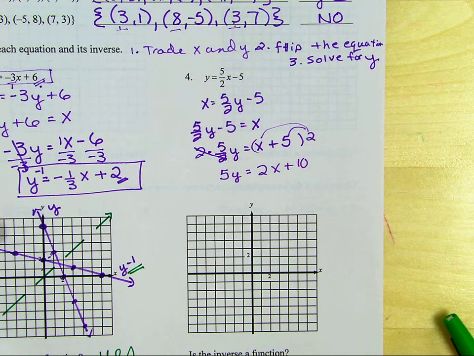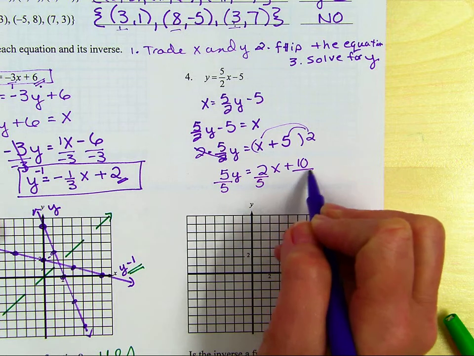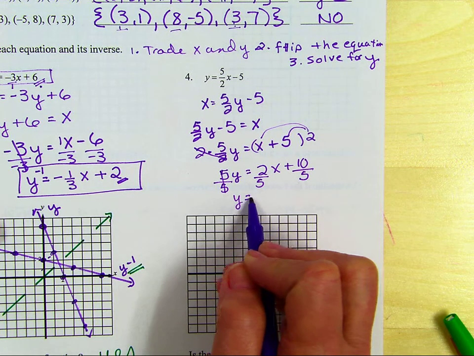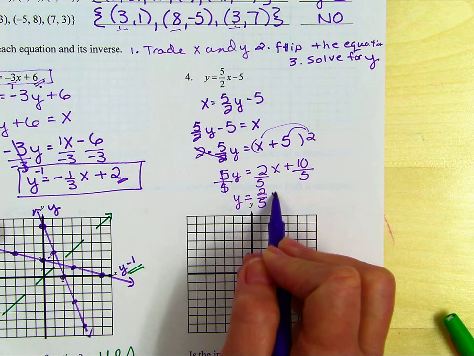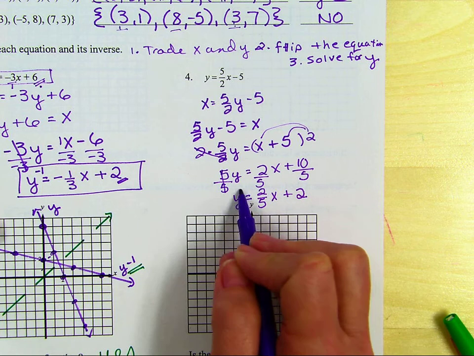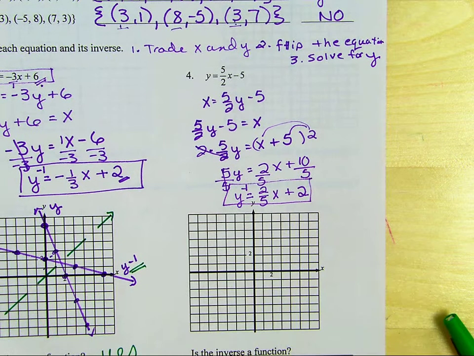Now to get rid of the 5, I'm going to divide everything by 5. I get that y equals, leave your slope as a fraction, 2/5 x, 10 divided by 5 is 2. And this is my inverse. Put the little negative 1 so I know it's the inverse.